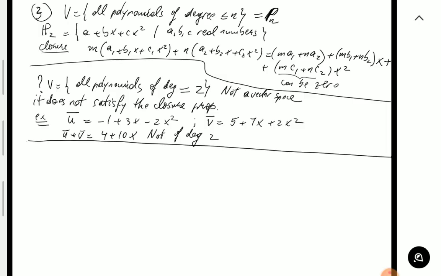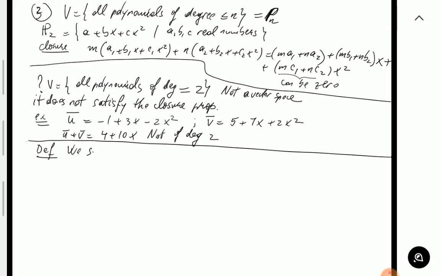All right, let's introduce another important definition, and then we're going to finish up the lesson with other examples. Another very important notion is the notion of a subspace of a vector space.